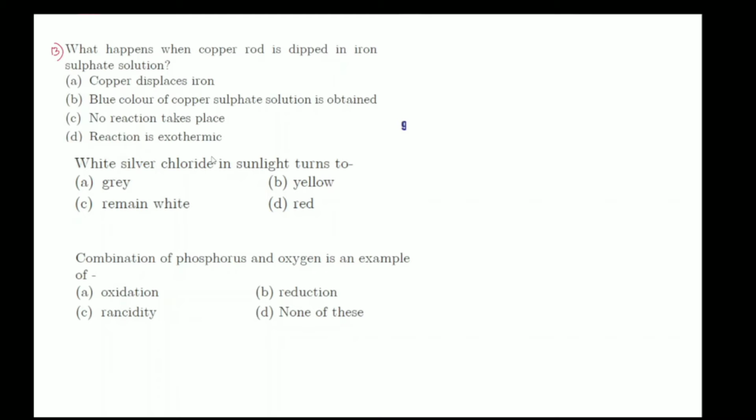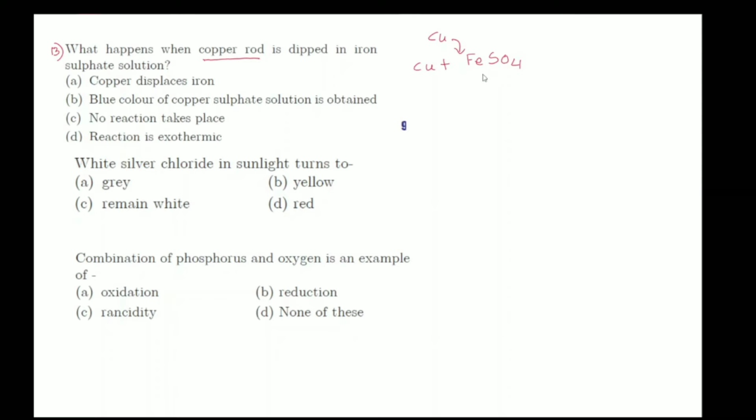Okay, what is the question? When the copper rod is dipped, now the question is a little bit twisted. Copper rod is dipped in iron sulfate solution, FeSO4. Okay, so we have learned about iron nail dipping in copper sulfate, but this is the opposite.